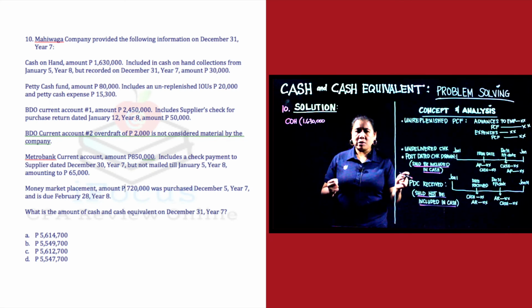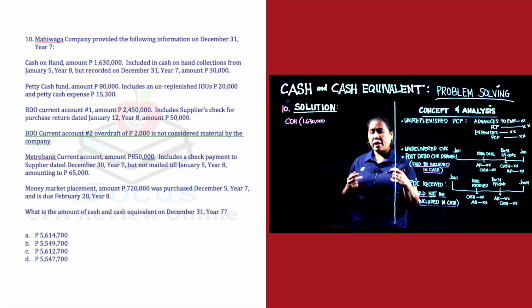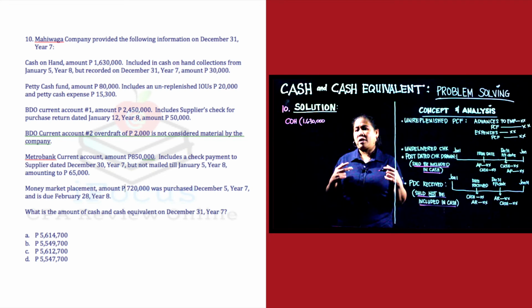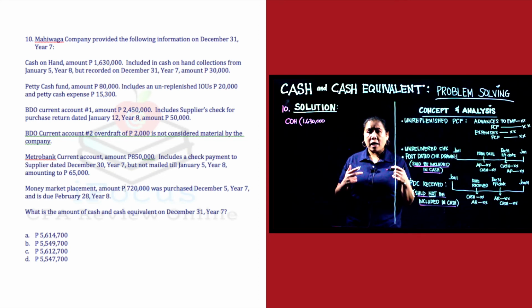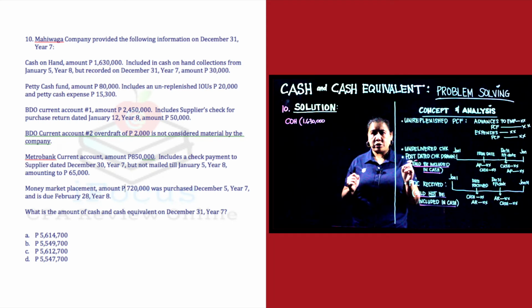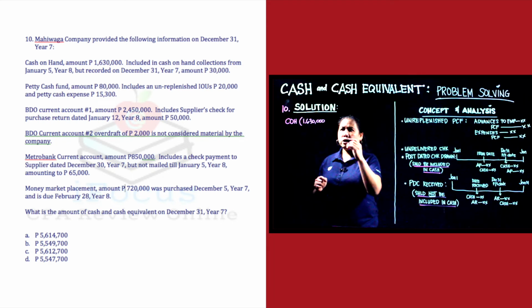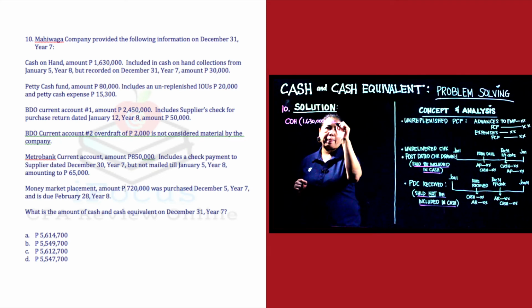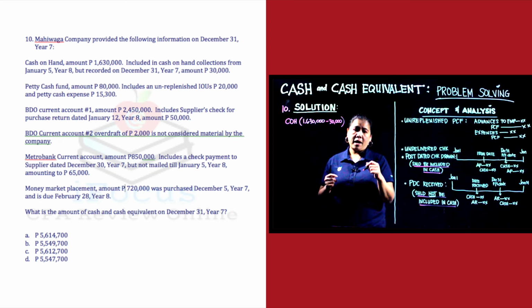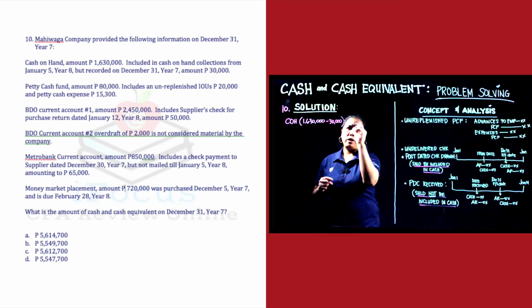So, ang ibig sabihin, pwede pang i-record ang mga collections na nangyari ng January. So, ang gagawin natin ay aalisin natin ito sa cash on hand natin. Because as of December 31st, wala pa yung cash collections na yan. Alright? So, we minus 30,000.